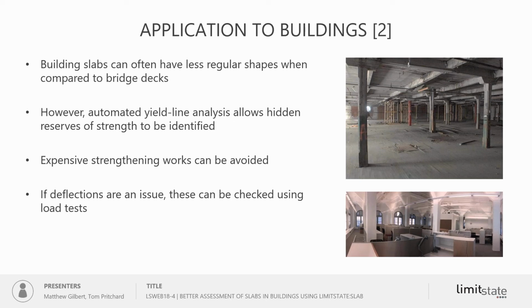You can avoid expensive strengthening works. I mentioned earlier that one of the problems with the yield line method is that it doesn't give you any indication of deflections. If you've already got a building in place, then potentially you can install water tanks, fill those up, measure the deflections, and get around that problem that way, actually experimentally verifying that deflections are satisfactory.